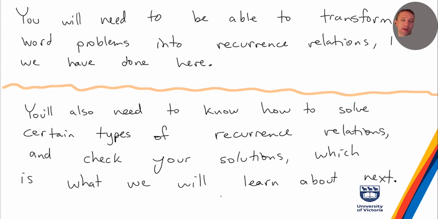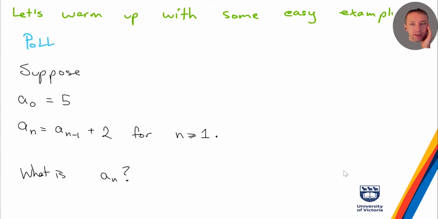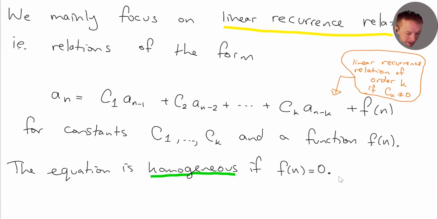So we're going to focus mainly on some very special types of recurrence relations, until maybe in one of the last 2 lectures of the course, when maybe I'll talk about a nonlinear recurrence. But all the ones we're going to focus on mainly are linear recurrence relations.